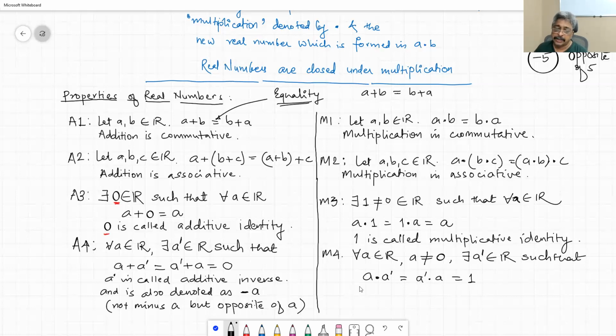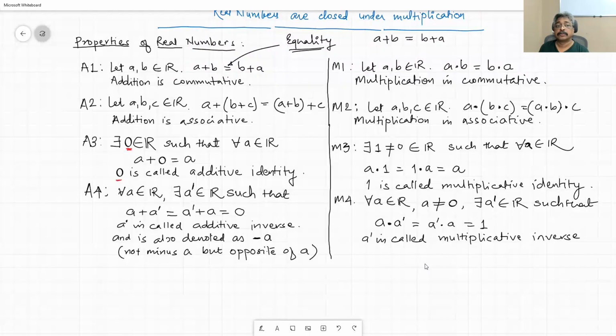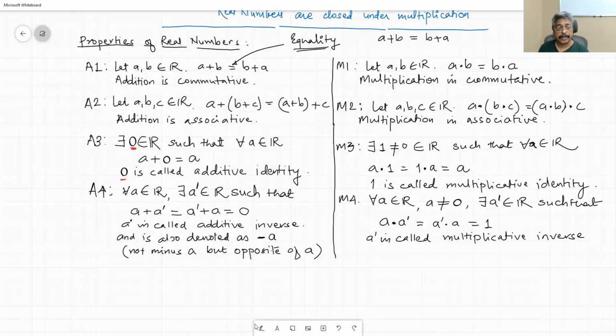A dash is called multiplicative inverse. Okay.